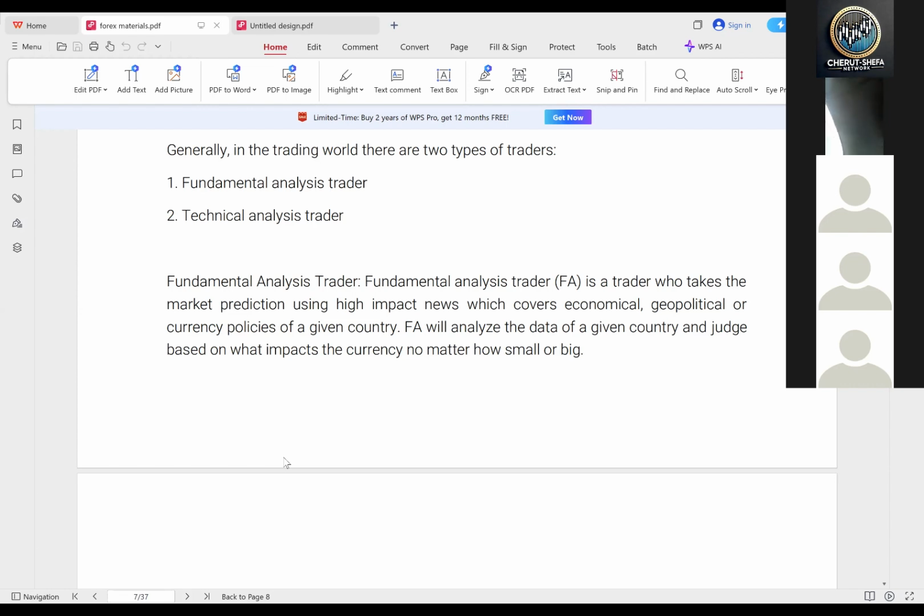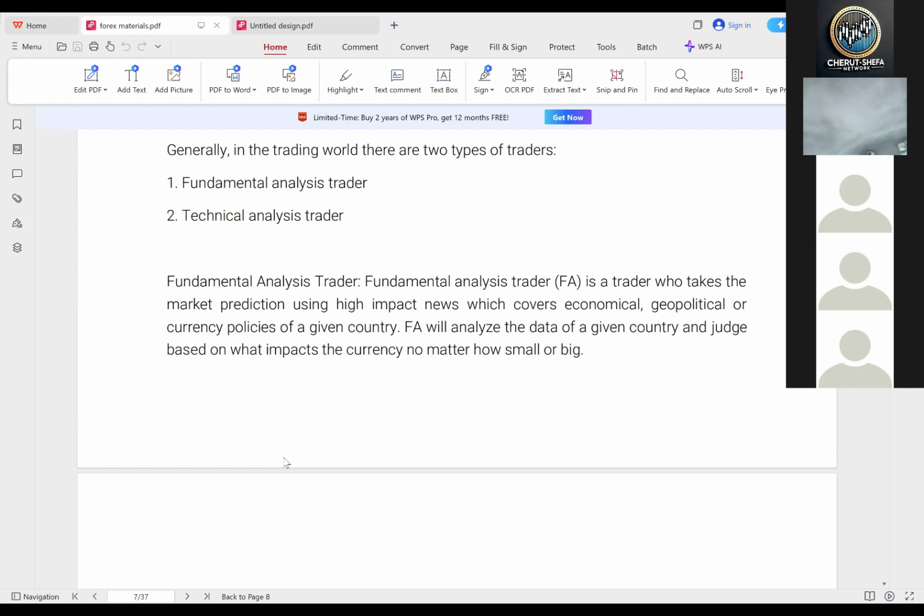Remember I mentioned the people who participate in the trading: the central bank, the commercial bank, hedge fund, and then the retail traders, which is you and I. So as retail traders, the analysis that we will be using is basically technical and then some splash of fundamental.